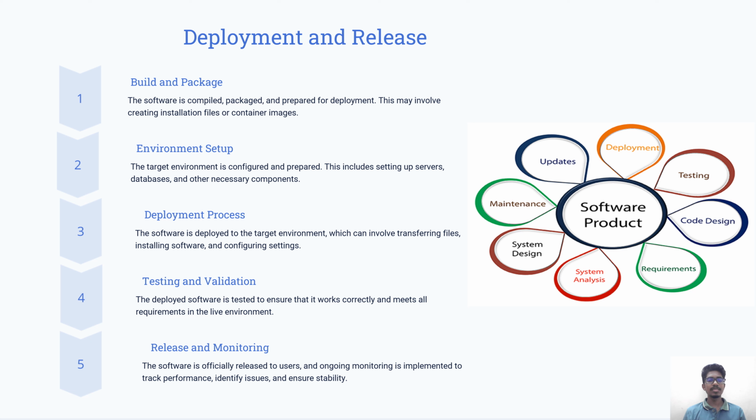The software is deployed to the target environment, which can involve transferring files, installing software, and configuring settings. Testing and validation. The deployed software is tested to ensure that it works correctly and meets all requirements in the live environment. Releasing and monitoring. The software is officially released to users and ongoing monitoring is implemented to track performance, identify issues, and ensure stability.